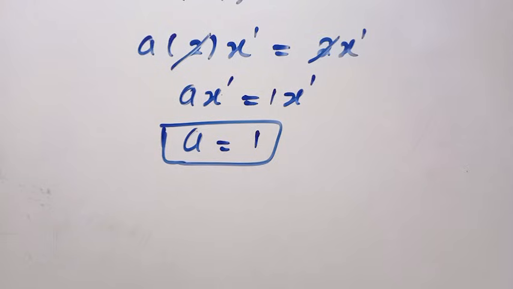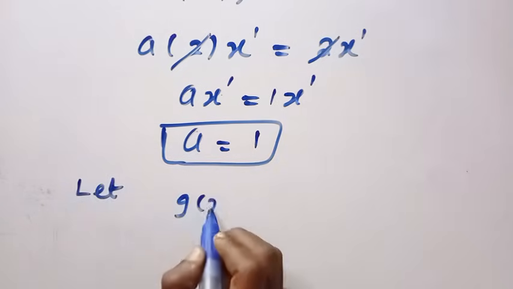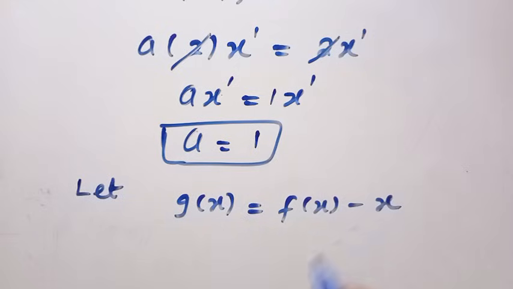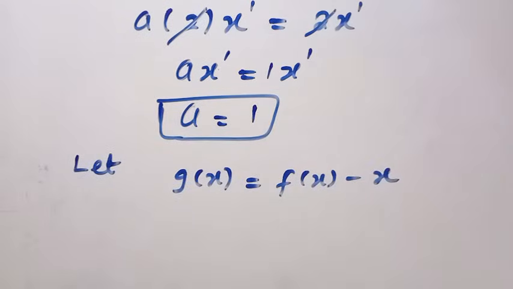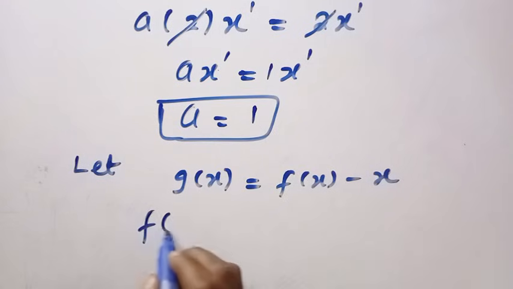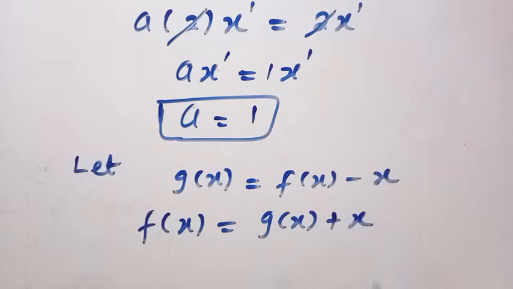Now, the equation here is linear. Suppose I set g of x to be equal to f of x minus x. This is a linear equation, and I want to make it in a general term. By substituting this into the original equation, transferring this minus x to the other side, we have f of x equals g of x plus x.